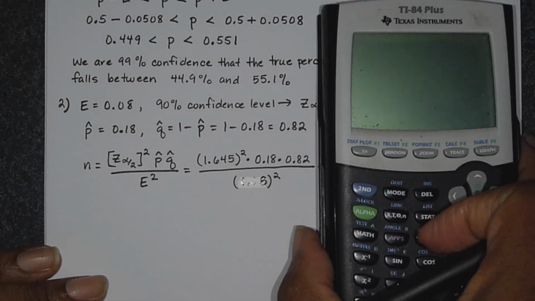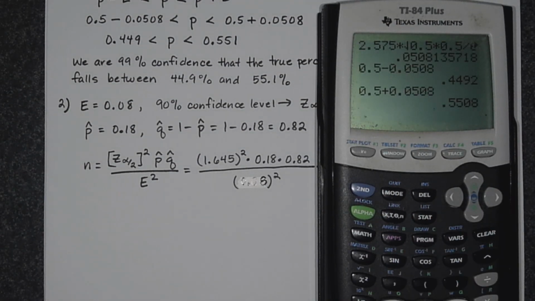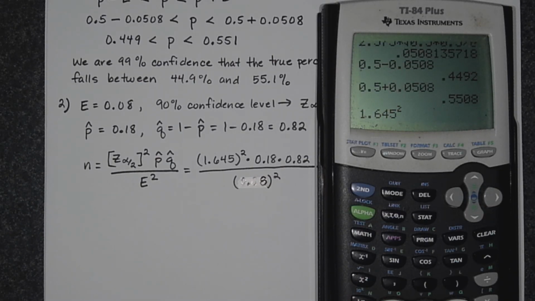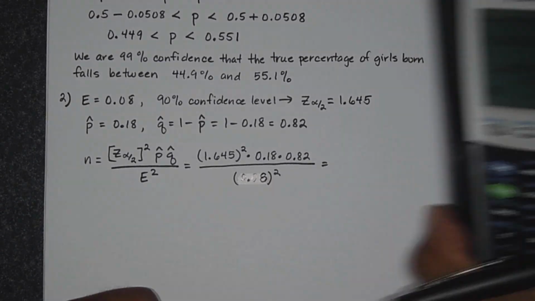And if I did all that in the calculator, 1.645, squared, times 0.18 times 0.82. Then we divide that by 0.08, squared. This is the value that I get, 66.4077.